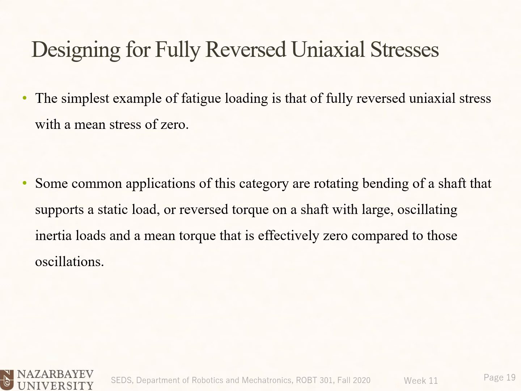Some common applications of this category are rotating bending of a shaft that supports a static load, or reverse torque on a shaft with large oscillating inertial loads, and a mean torque that is effectively 0 compared to those oscillations.